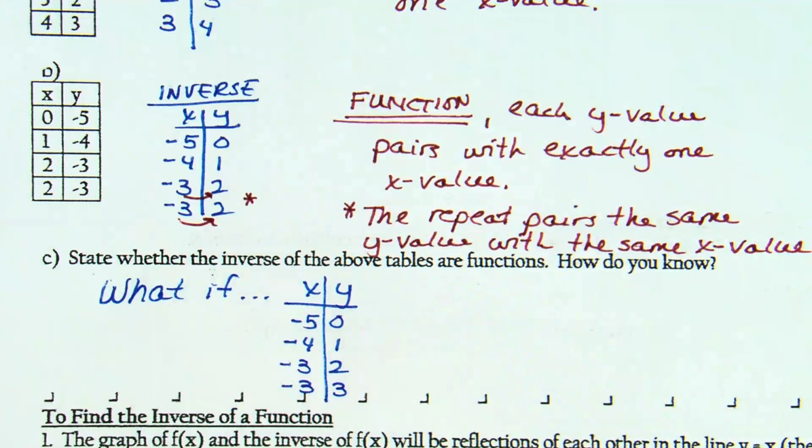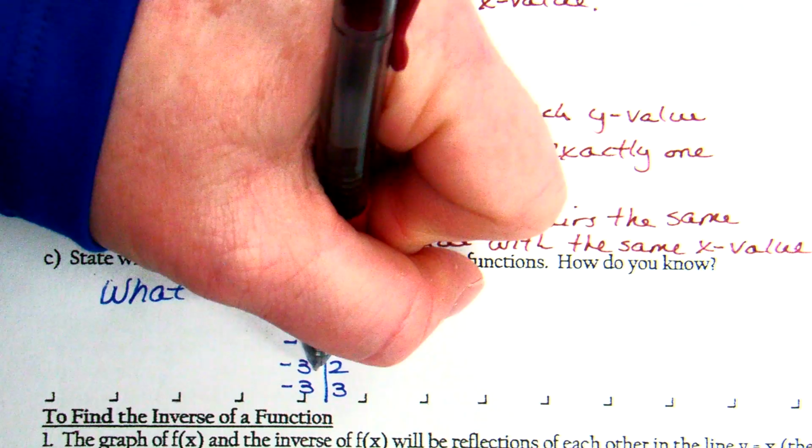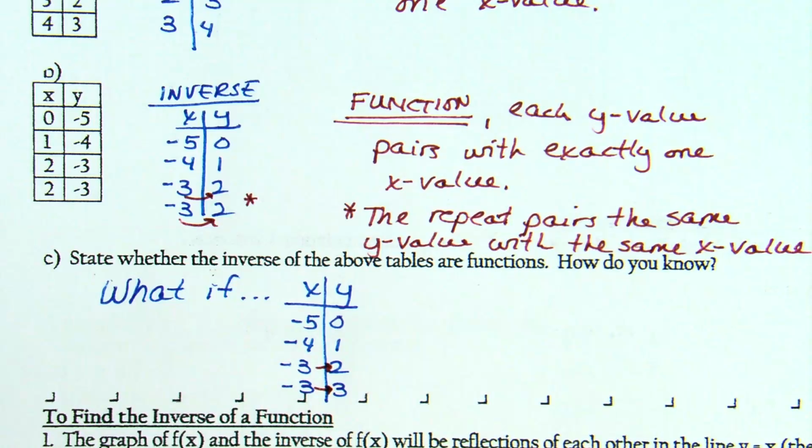Is that one a function? Why not? Yeah. Same x values as last time. I just changed one y value. But the difference is now, first of all, negative 3 goes with 2, and then negative 3 pairs with 3. Okay? So there's your example of not a function.